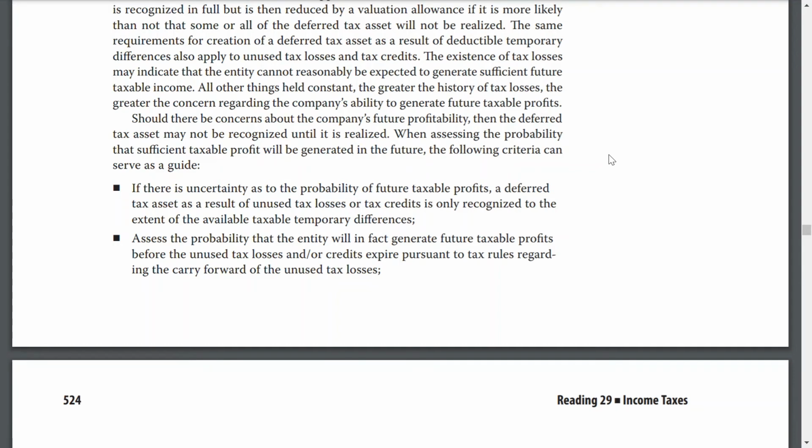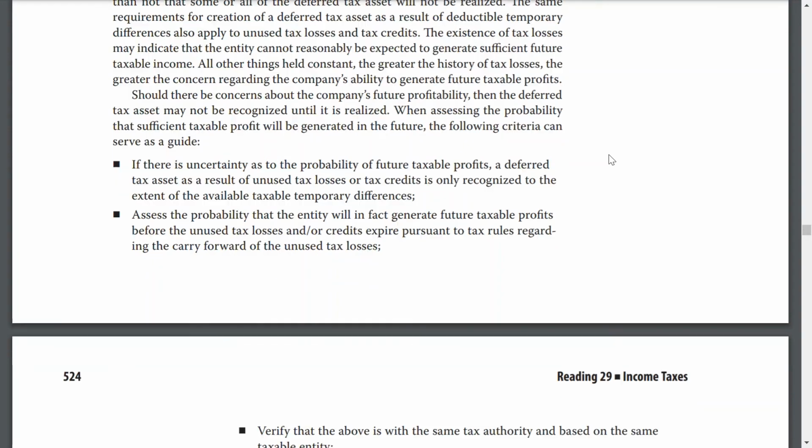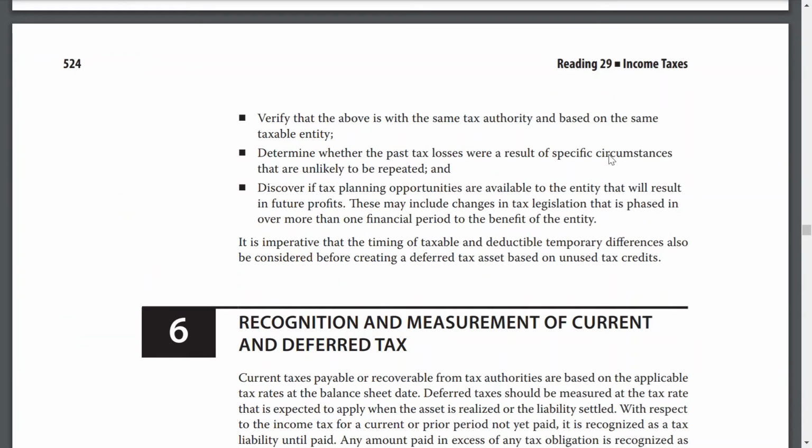Assess the probability that the entity will in fact generate future taxable profits before the unused tax losses and or credits expire, pursuant to tax rules regarding the carrying forward of unused tax losses. Verify that the above is with the same tax authority and based on the same taxable entity.